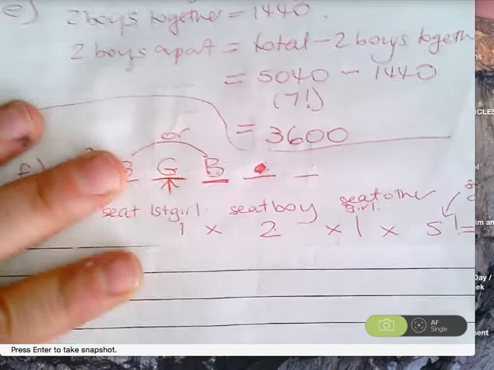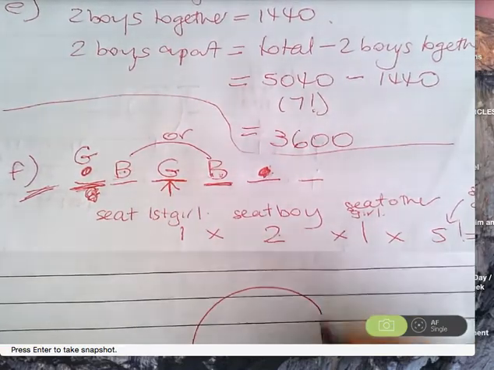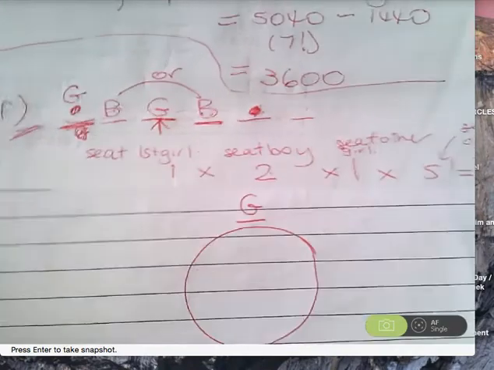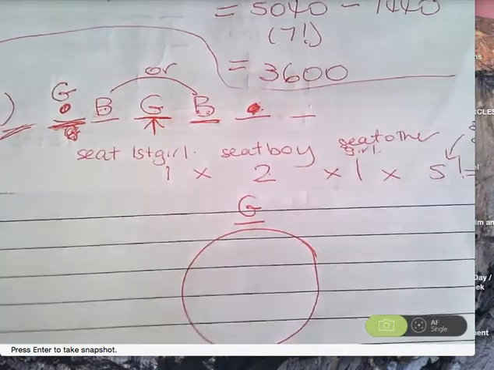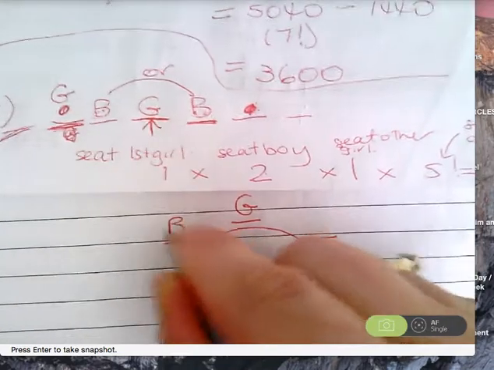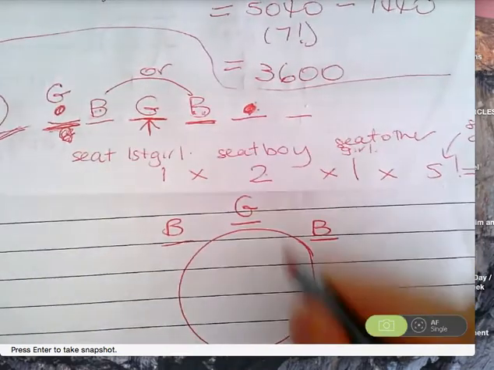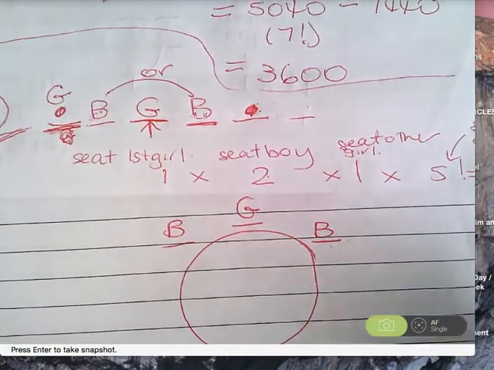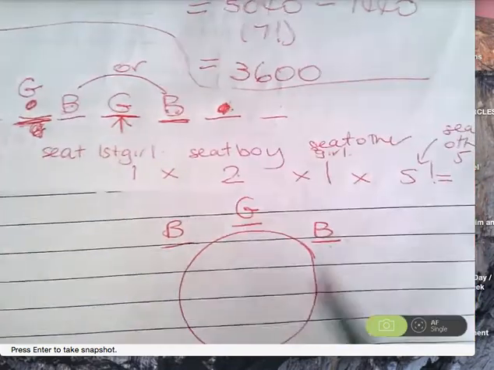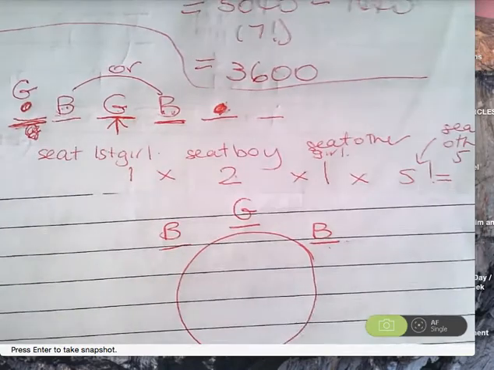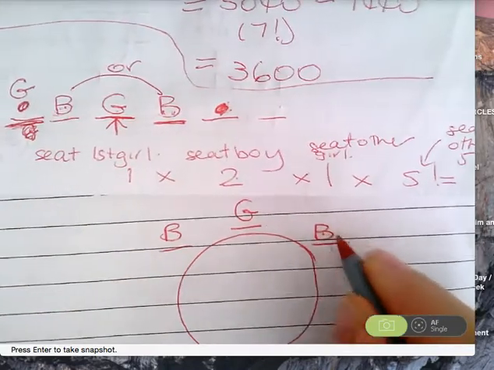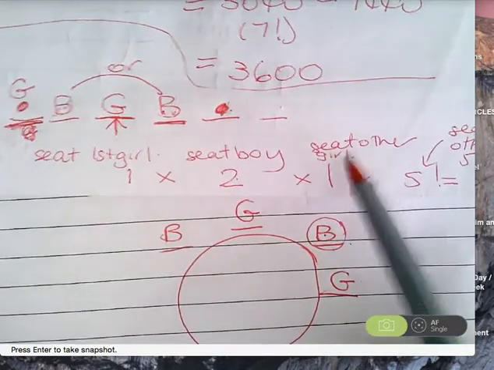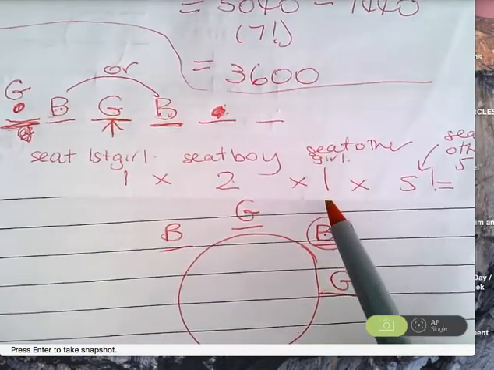All right, let's go. Seat the first girl. Here she goes. Got it? Now, I'm going to seat that boy that wants to be next to her, either there or there. So that boy has 2 choices. Seat the girl, she has 1 choice. Seat this boy, he has 2 choices. Now, that boy will have sat in one of those spots. Let's say he sat there. That's his spot. Well, the other girl has only got one choice. Seat the other girl, one choice.